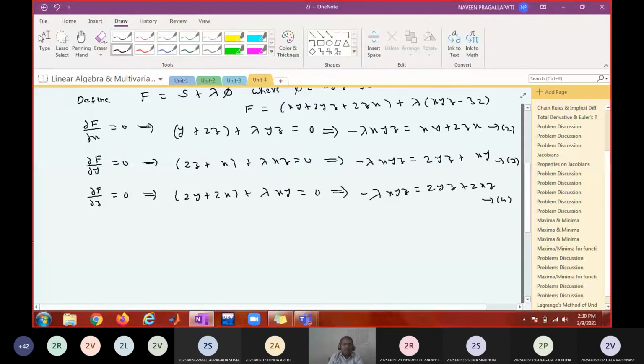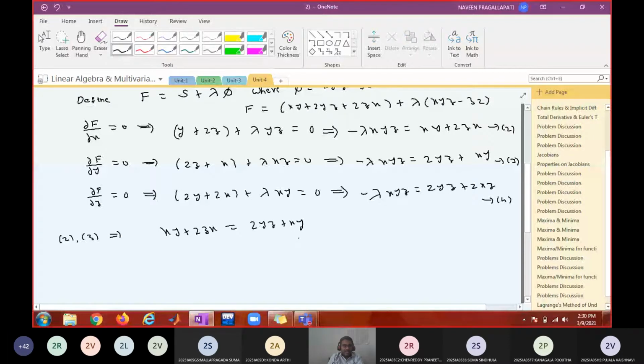So equate 2 and 3. What do you get? Xy plus 2zx. Because you are getting the same expression, minus lambda xyz, in all the three equations. Therefore, when LHS are equal, RHS also must be equal. So xy plus 2zx equals 2yz plus xy.